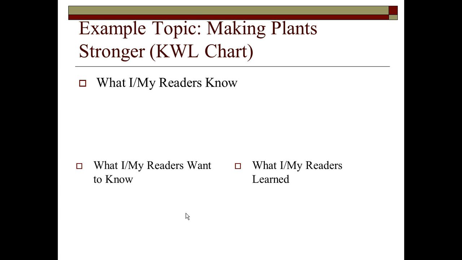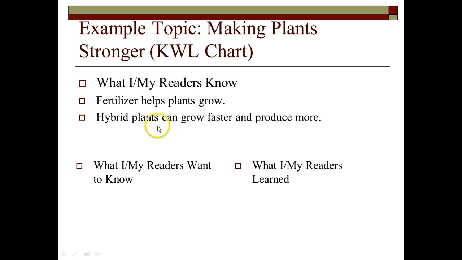Okay, for example, let's say my topic is making plants stronger. So I'm going to think about what I already know about the topic. Fertilizer helps plants grow. Hybrid plants can grow faster and produce more. Okay, so those are 2 things that I already know about. I may include them in my science report. I may not. I'm not going to worry about that just yet.